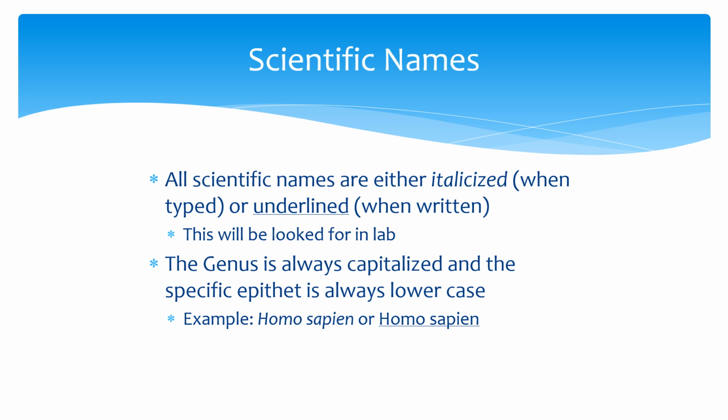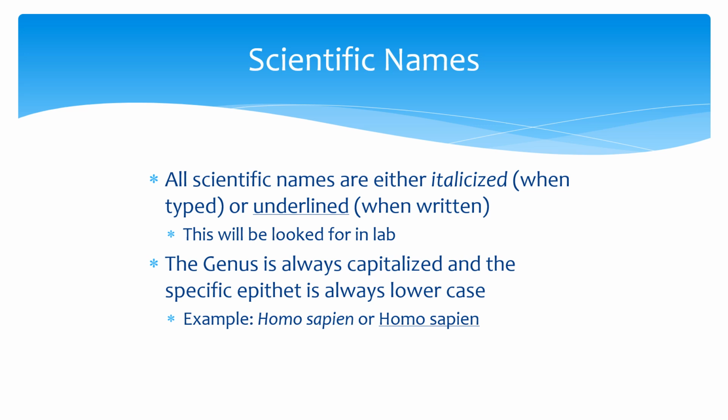Please make sure you highlight this, put a star next to it, something. All scientific names are either italicized if it is typed out, or if you are handwriting it, it needs to be underlined. The genus needs to be capitalized, and the specific epithet should be lowercase. This is the proper way to write out a scientific name.